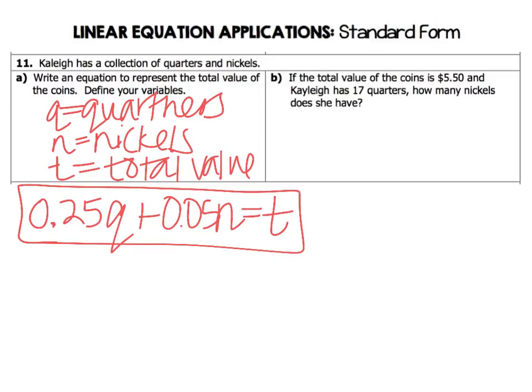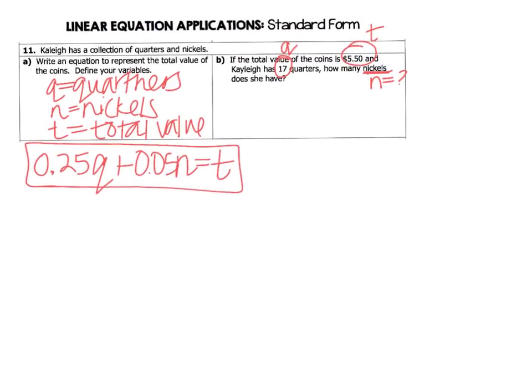Now, if we know that the total value of the coins is $5.50, so this is our T, and Kaylee has 17 quarters, so 17 is our Q. How many nickels does she have? So that's what we're solving for. We're solving for N. We're going to plug what we know into our equation that we wrote.